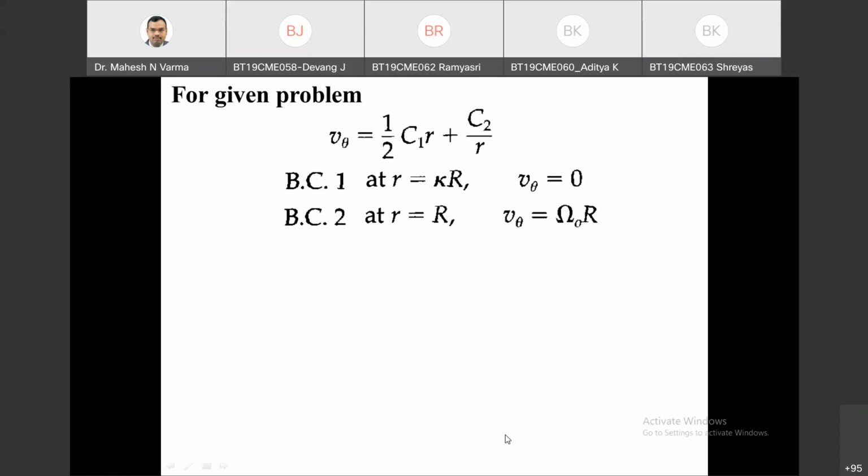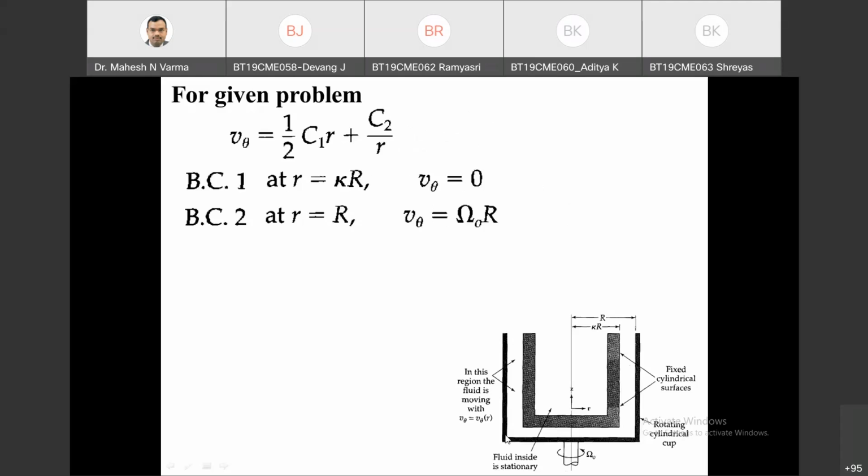Anybody got the value of C1? Yes, sir. Who got it? Can you tell me your roll number? Sir, 60. Can you tell me C1? Minus 2 sigma by k square minus 1. Sigma 0, na? Sigma 0. Okay, and how about C2? C2 is k square sigma 0 r square by k square minus 1.